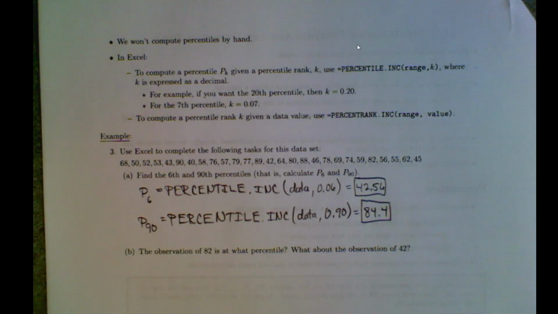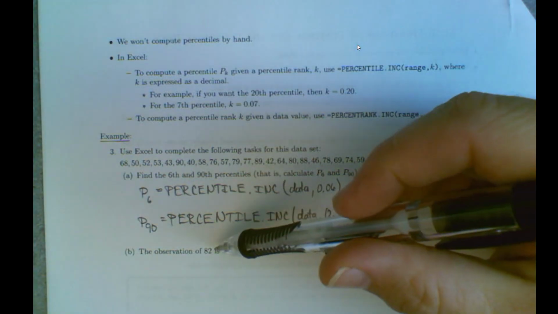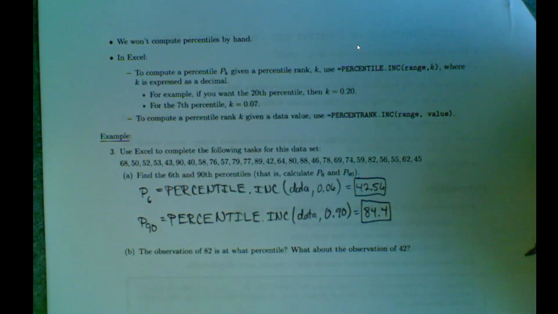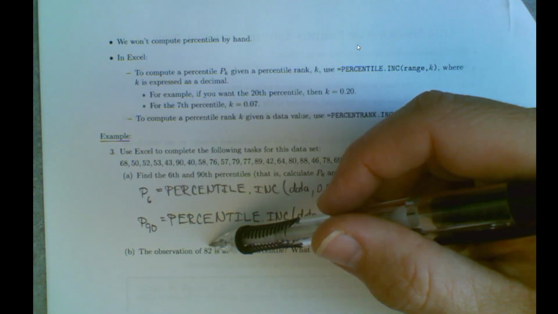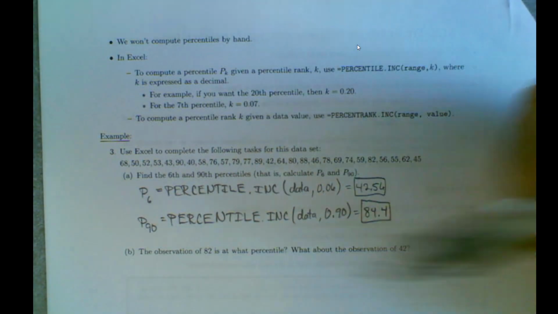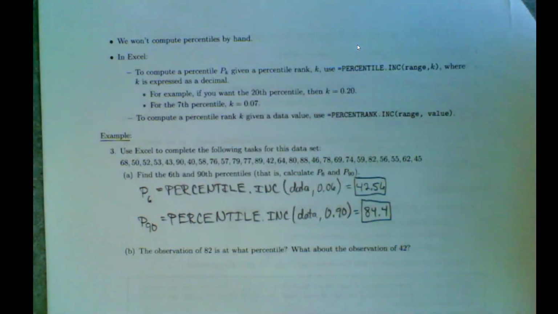Part B asks, the observation of 82 is at what percentile? And what about the observation of 42? So this is one where we're asked to work backwards, right? Because we're given the observation and we're asked for the percent rank, the percentile.